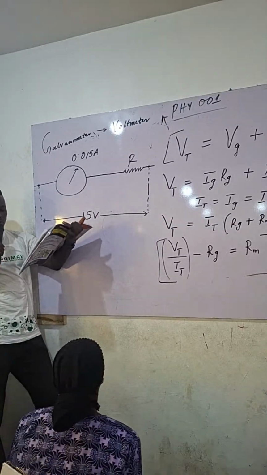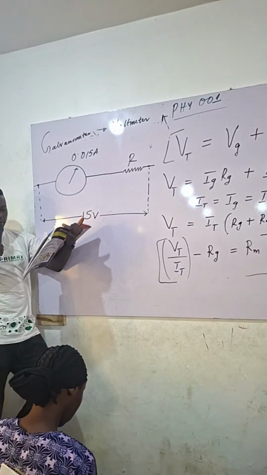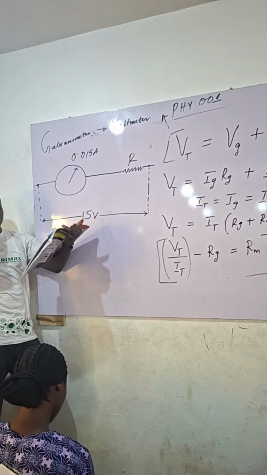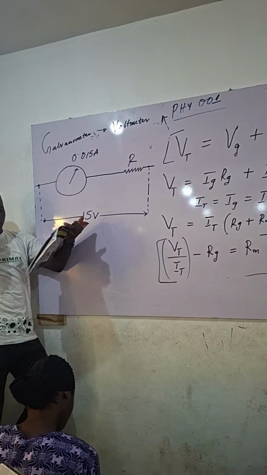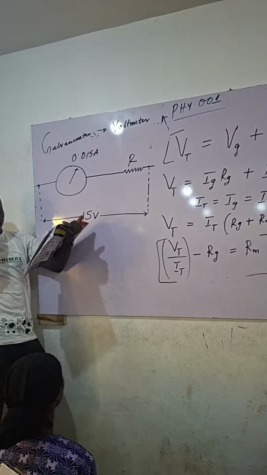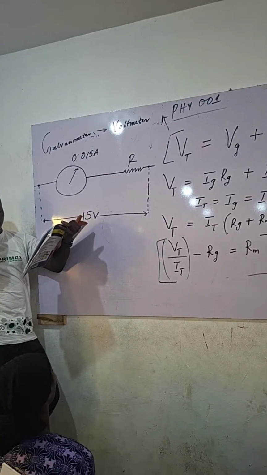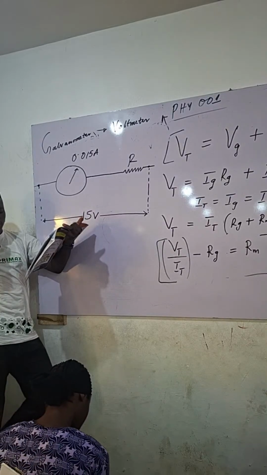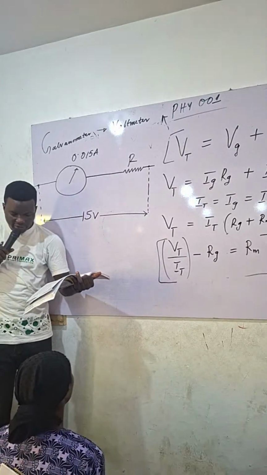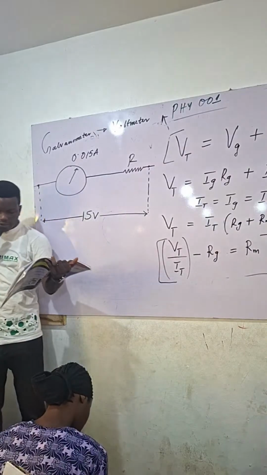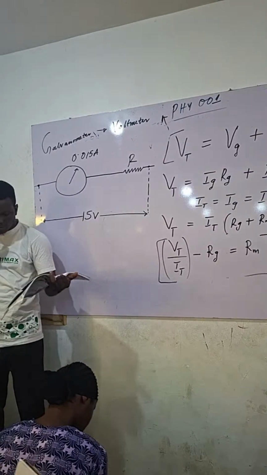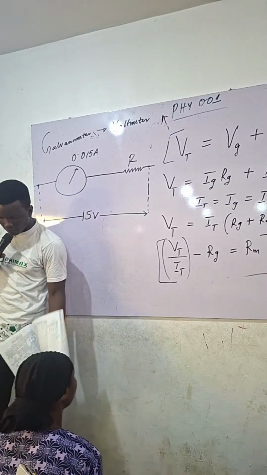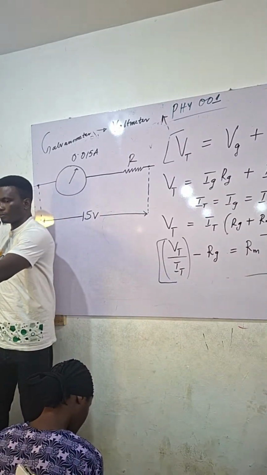If you have remix with you, page 88, question 18. If you have fat sources, page 111, question 18. So you have to calculate the value of the series resistance required to convert the above galvanometer into a voltmeter of full range deflection of 15 volts.